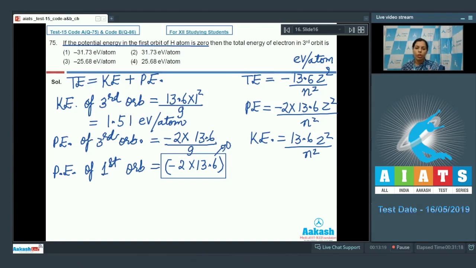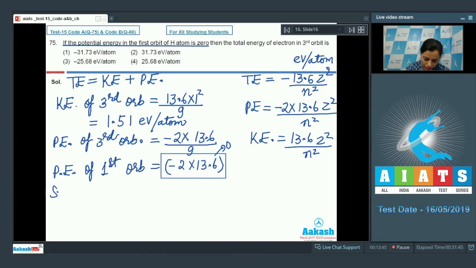Then what will happen? We know that for the consideration of the potential energy, we need a certain reference, and here the reference is the potential energy of the first orbit, that is assumed to be 0. It means this factor, this minus 2 into 13.6, that value is assumed to be 0. It means this factor should be added in the potential energy of the third orbit, because now the value has been changed.